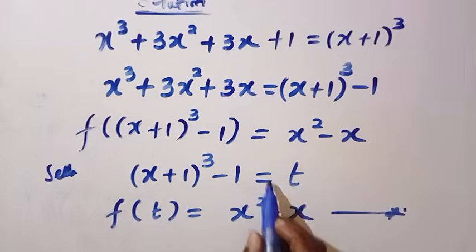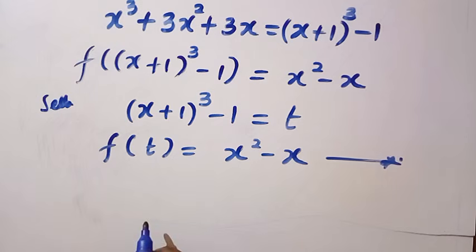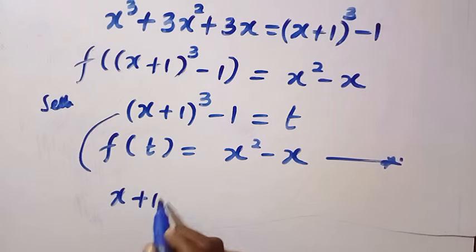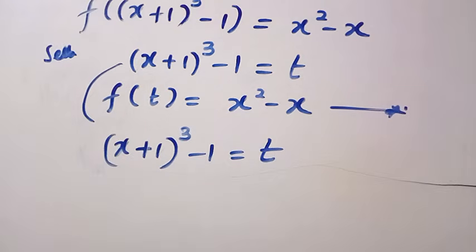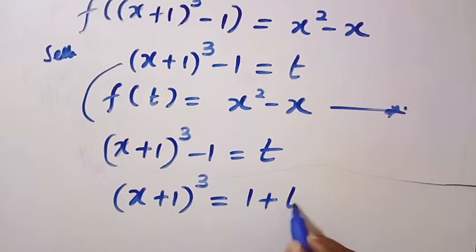At this point, let's make x the subject of the formula. From (x plus 1) cubed minus 1 equals t, if I take 1 to the other side, x plus 1 cubed equals 1 plus t.